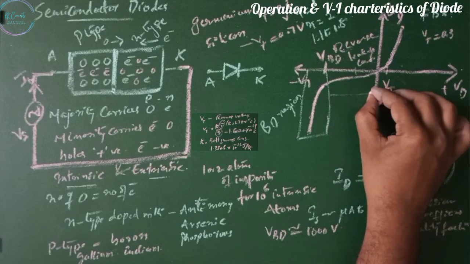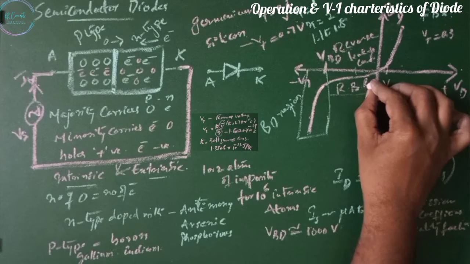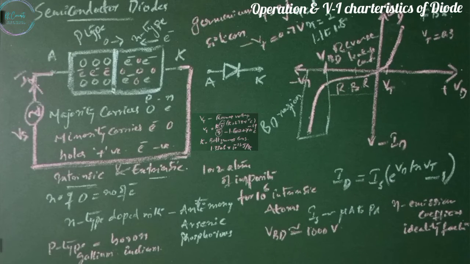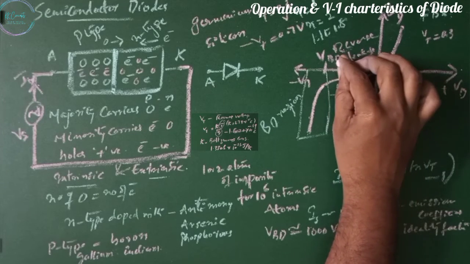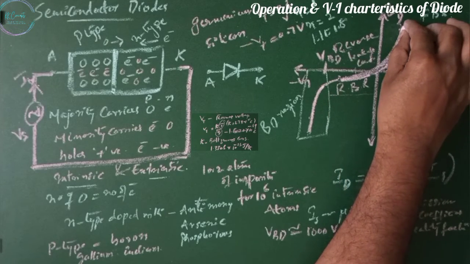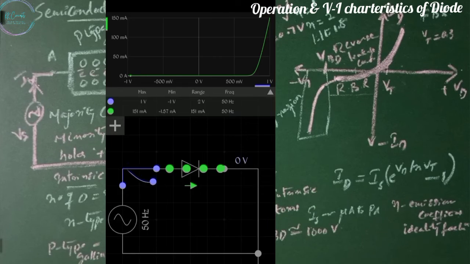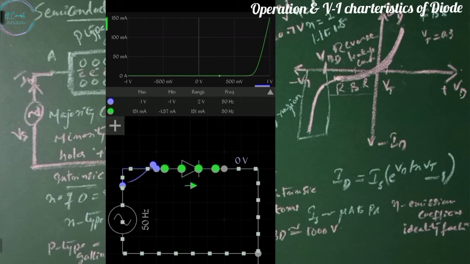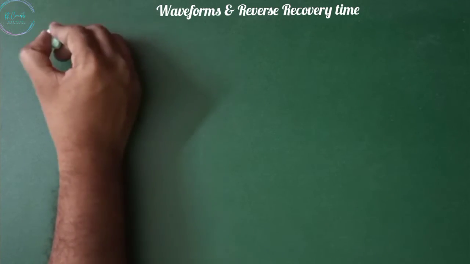This region is known as the reverse bias region. During operation of the diode, the VD value must be below this VBD, so it oscillates between these two points. These are the V-I characteristics of a diode. The reverse leakage current is minus 1.57 nanoamps.